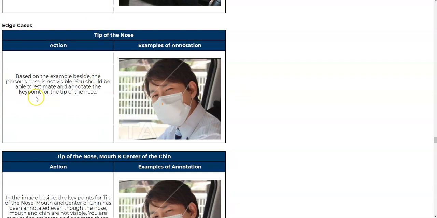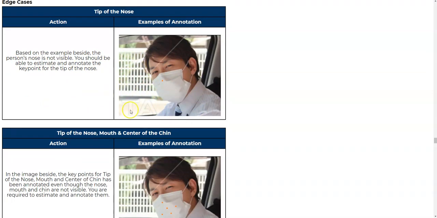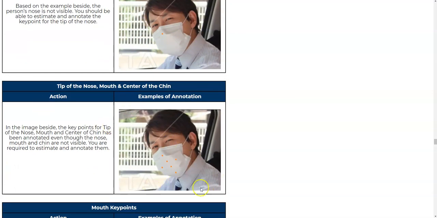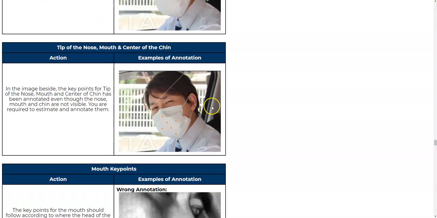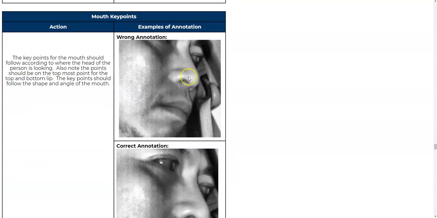For example, in the example beside, you see the person's nose is not visible. Alright, so this is the fully annotated image of the person's nose, tip of the nose, the mouth, and also the center of the chin when it is covered by the mask.